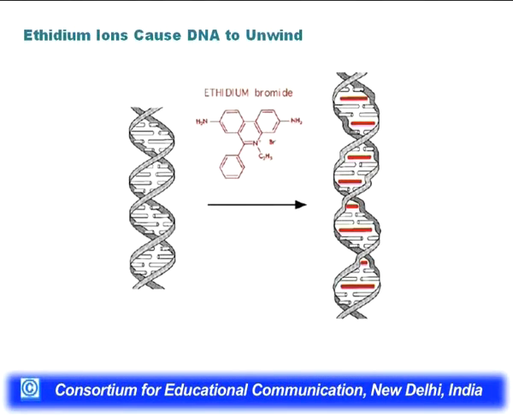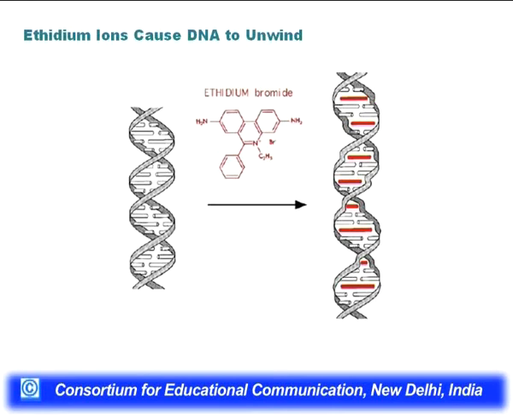So how do these ethidium ions work? They intercalate between the two strands of DNA, and the ethidium ions cause the DNA to unwind. That is an important aspect of these intercalators, which stick inside between the two strands of the DNA.